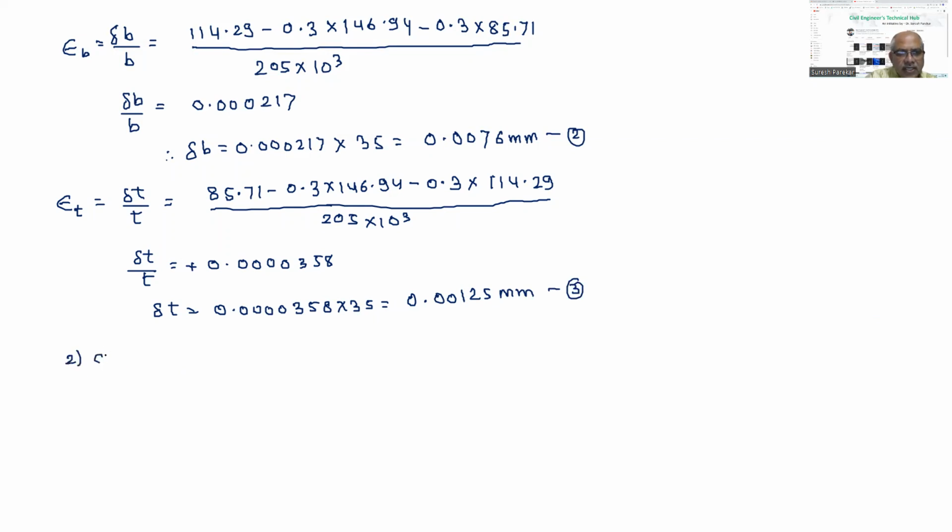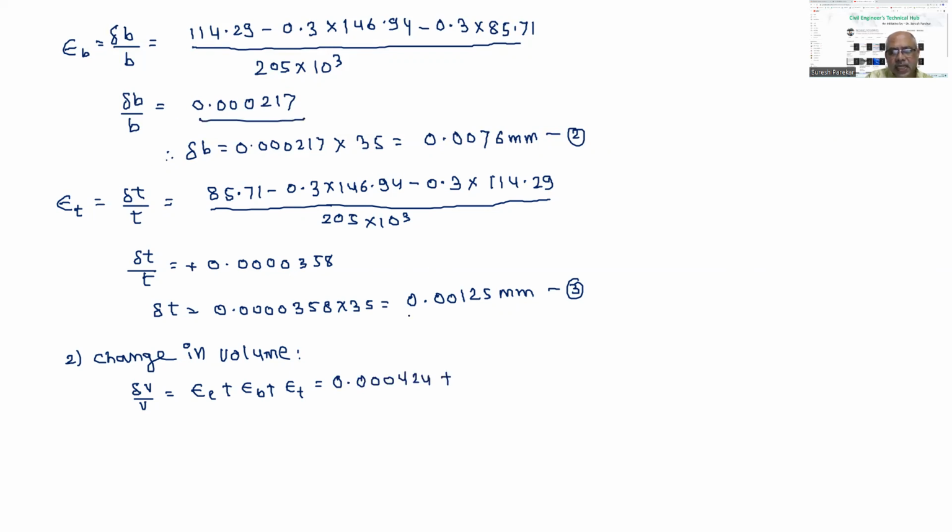Now second, we have the change in volume. So the change in volume, delta V by V, is equal to epsilon L plus epsilon B plus epsilon T. And if we put the values in this, that is 0.30424 plus 0.000217 plus 4 times 0.358, these being the strain values we are substituting, from this we will get the value of delta V by V as 0.000677.